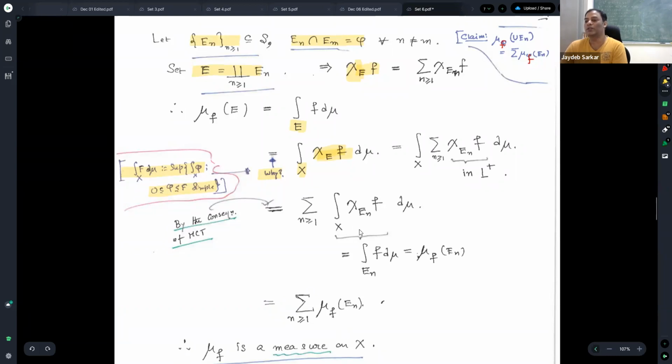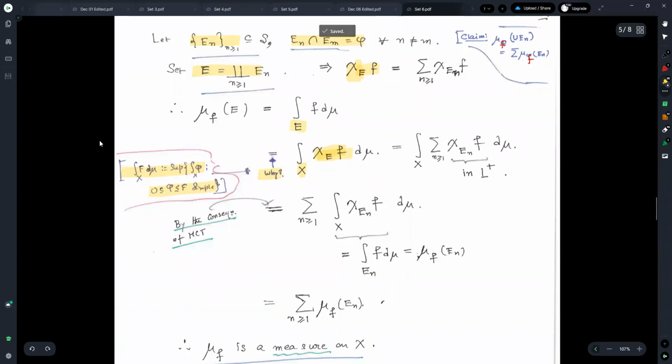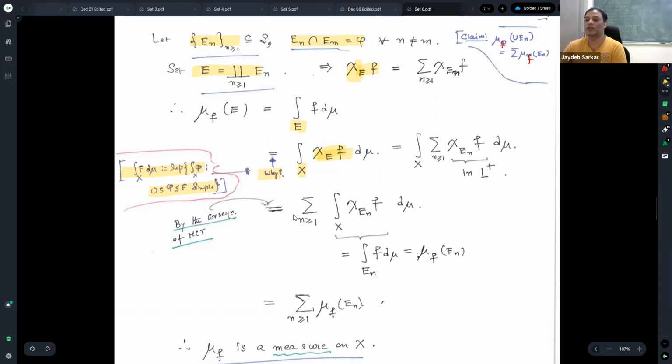So this is the sum of integrations, and these terms, χ_{E_n} f dμ, as per your definition, this is supposed to be μ_f.